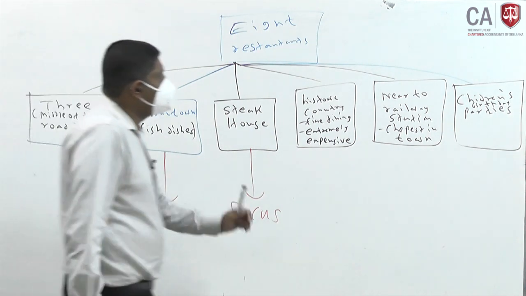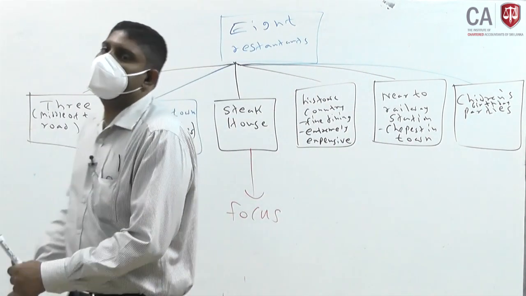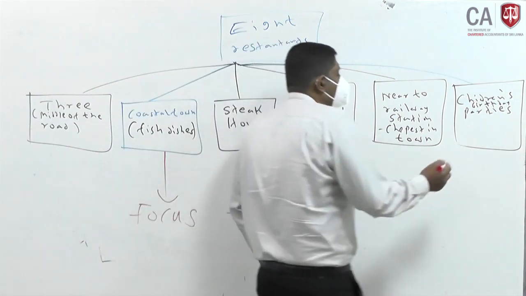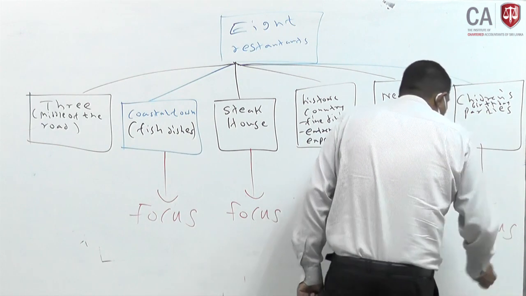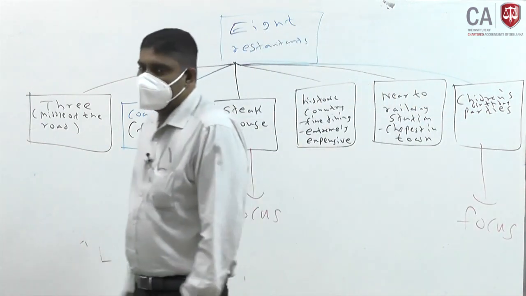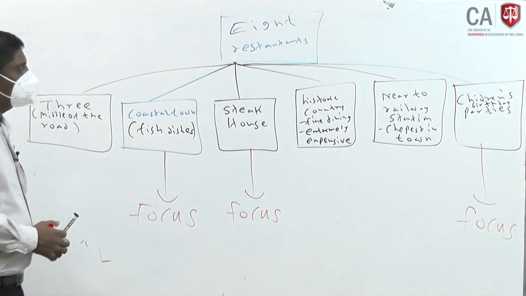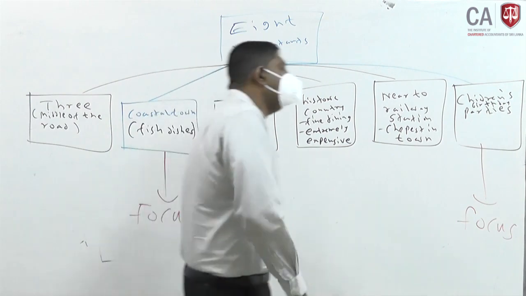And there is another outlet that has specialized in children's birthday parties. Again you target a particular customer group, focus strategy. Here they have applied the focus strategy. The historic country house: fine dining, extremely expensive.